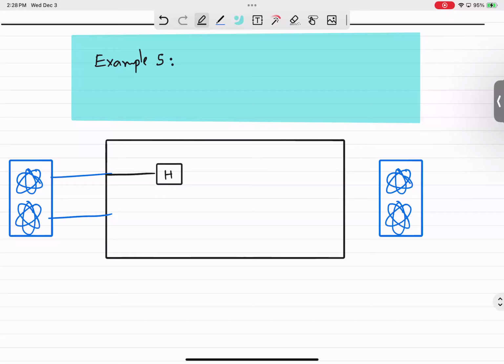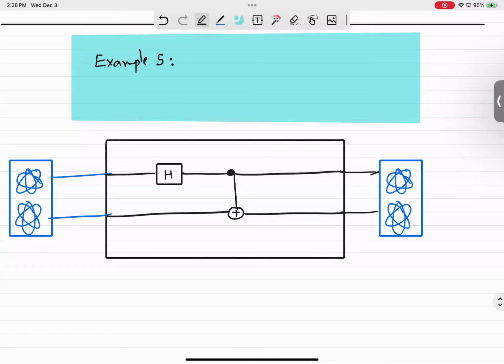I'm first going to apply the Hadamard gate, and then I'm going to apply the CNOT gate, with the first bit as a control. Okay. So this is my circuit.